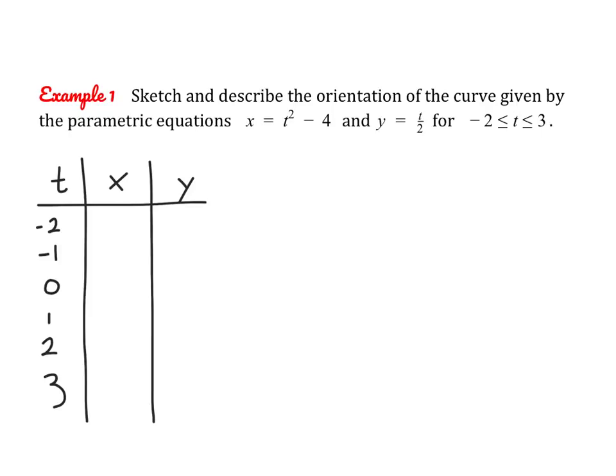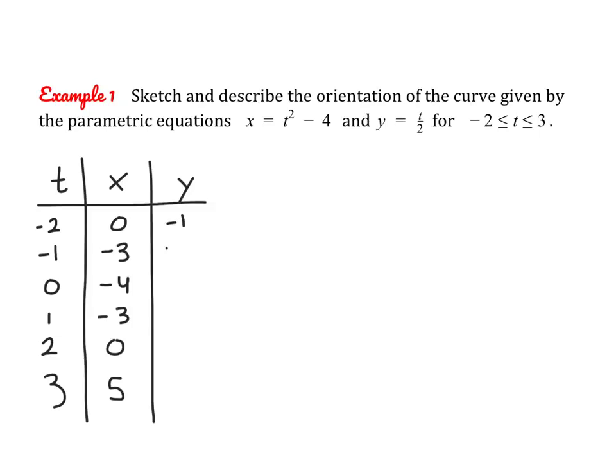So let's start by plugging all of our t values into our x function. Here we would have 0, -3, -4, -3, 0, and 5. Then we can plug all of our t values into our y function to find our y values.